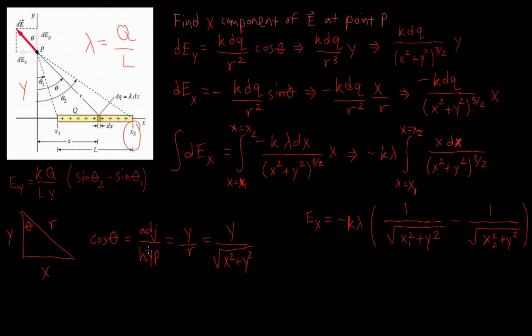And so if we were to write the cosine for theta 1, that would just be y, the adjacent side, divided by the hypotenuse, which in that case would just be r, and the x coordinate would just be x1.